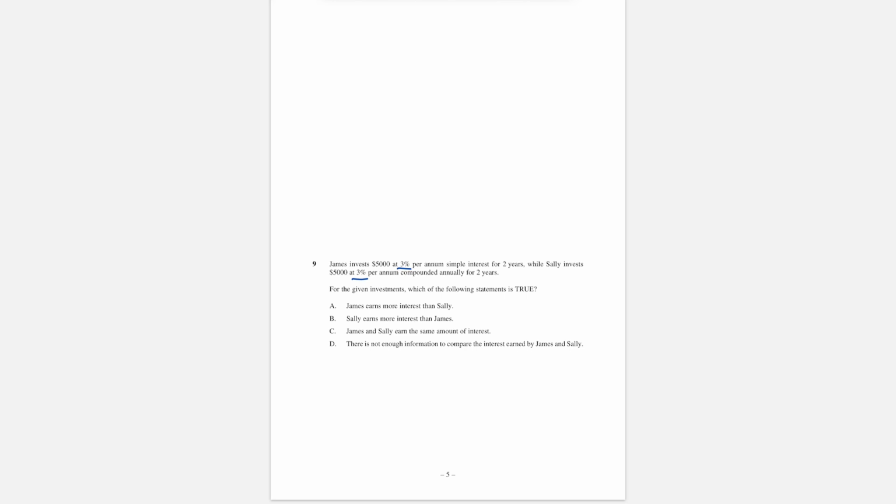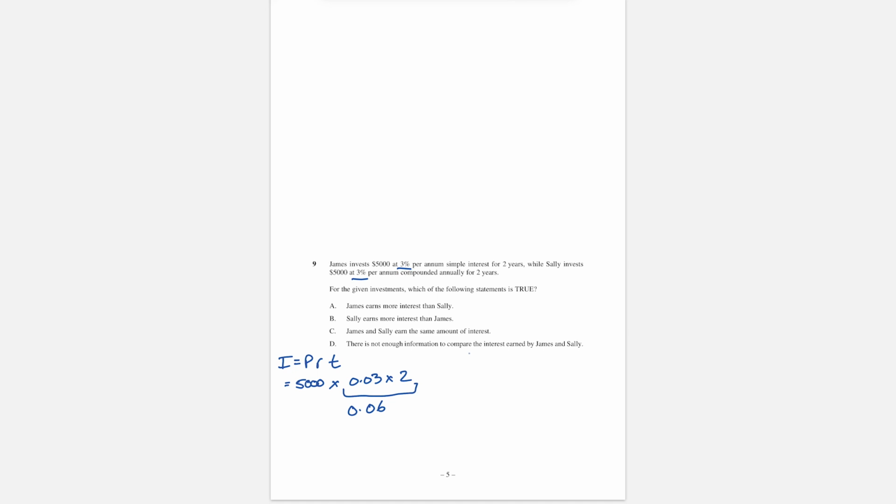So with the first one, I equals PRT. The principal goes there, 5,000. Now our interest rate, 0.03, and our time is 2. If we look at this part of the formula, it's going to come out to 0.06, right?